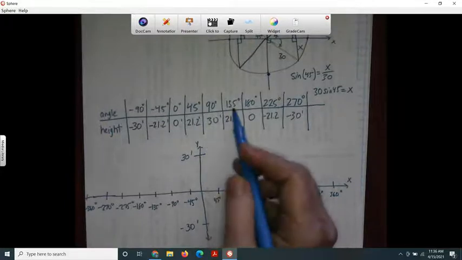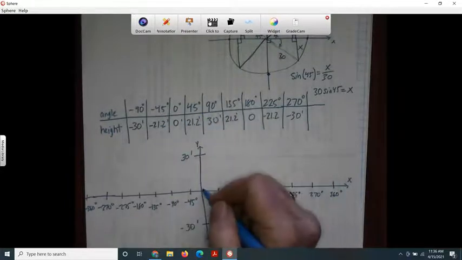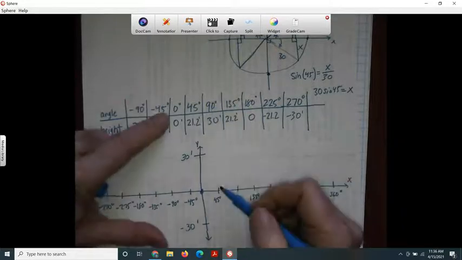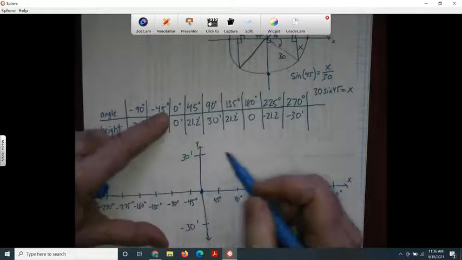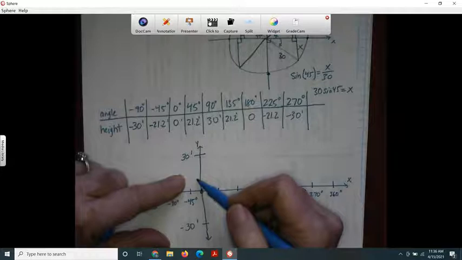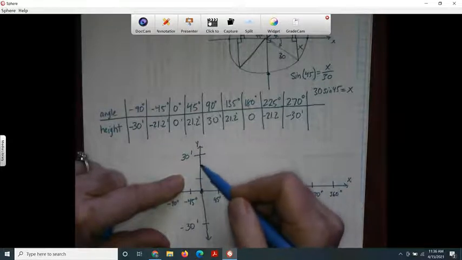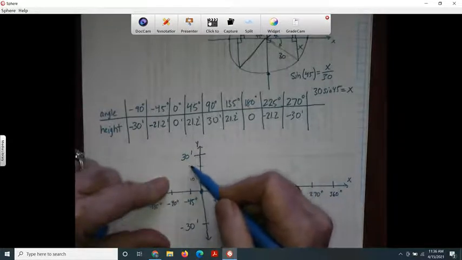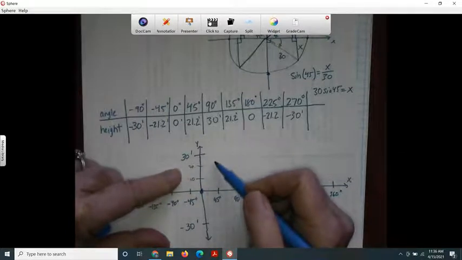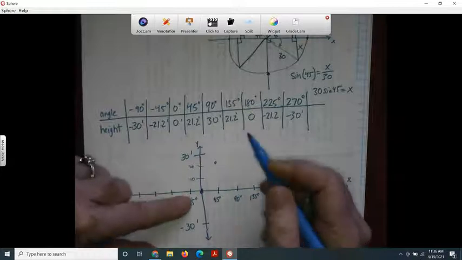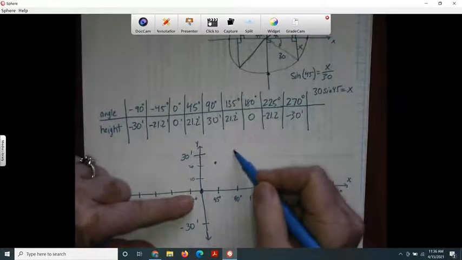And then at 45 degrees, it's 21.2. So if that's 10, 20, you just have to fake it. It's 21.2. 90, I'm going to go all the way up here. Right? 135, well, let me down here.